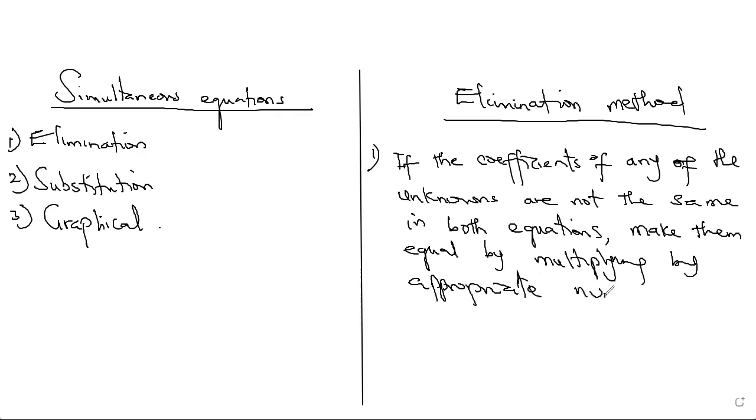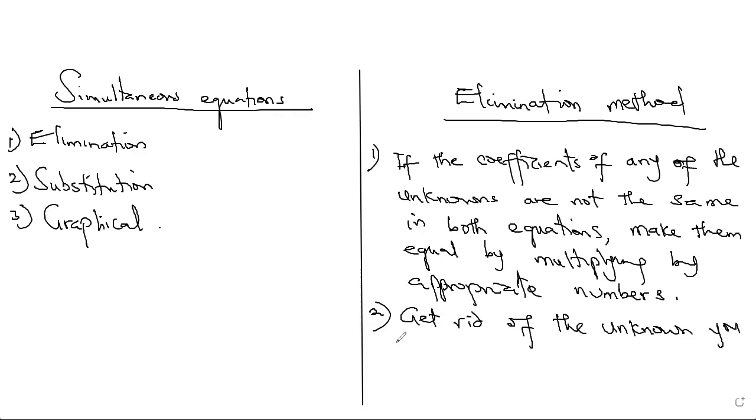So we'll put it that way. Then the second step will be that you eliminate or get rid of the unknown you want to eliminate using the appropriate sign.